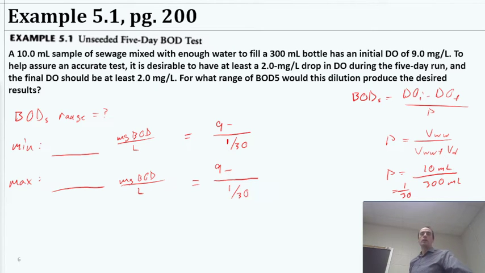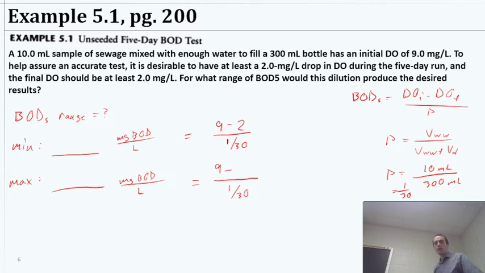So then the question really is asking, what do we need to put in for the DO final for these two cases? And if we think about that, the minimum, we had to drop at least 2 milligrams per liter. And so we can just put in that 2 here. So it has to drop at least 2, because that's going to be the change that we're confident we can measure with this oxygen probe.